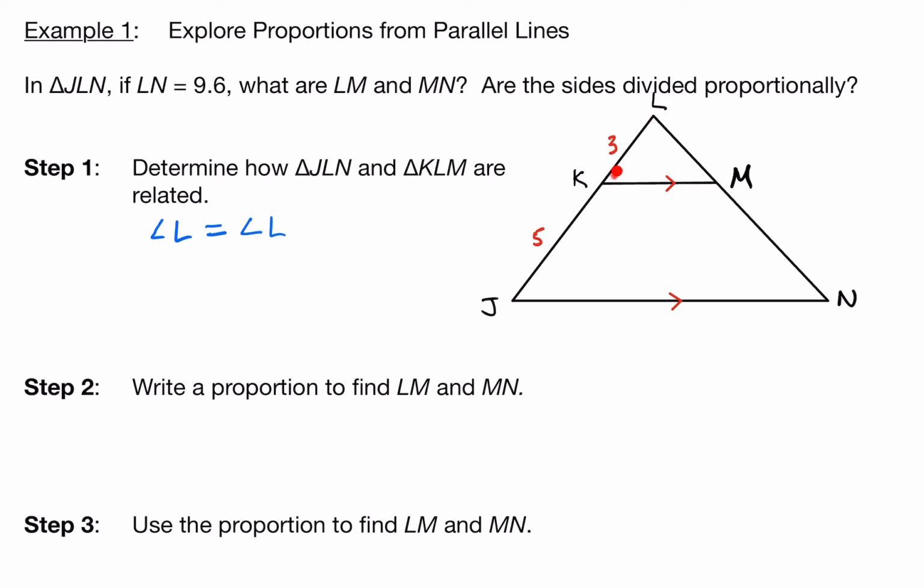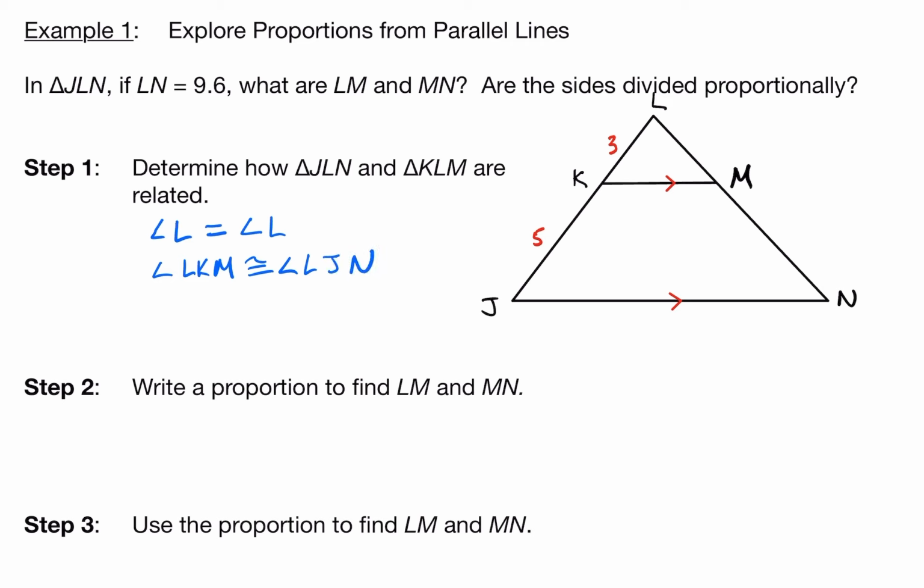And then the second thing that we notice is that angle K, or we can call it angle LKM, is equal to angle LJN. So this angle here and this angle here are the same. They're the same because these two lines are parallel and they're cut by a transversal, so these are corresponding angles. So angle LKM is congruent to angle LJN.